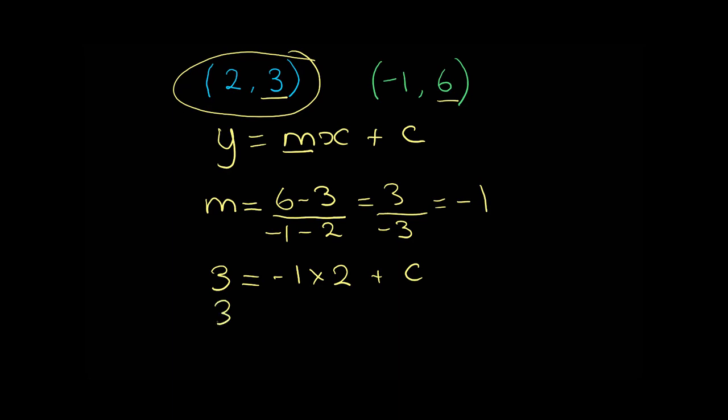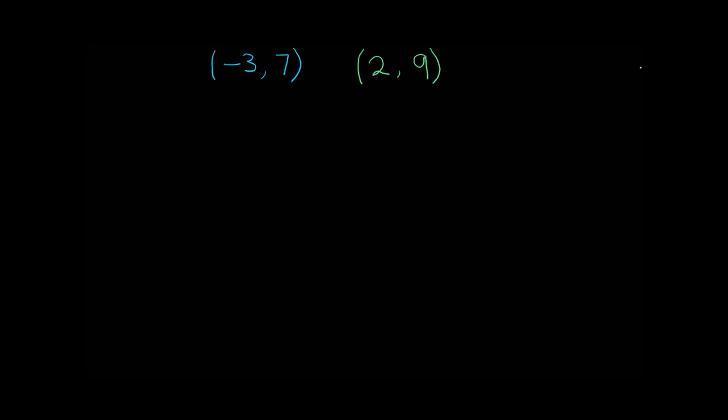So that's 3 equals -2 plus c. So adding 2 to both sides, that leads us to c equals 5. And so our equation is y equals -x plus 5.